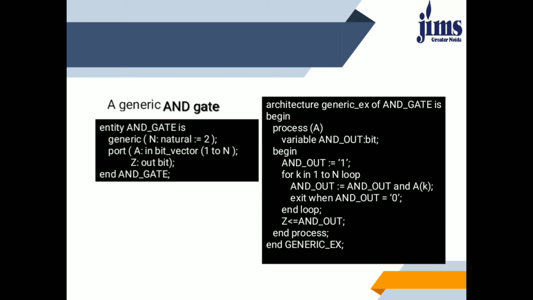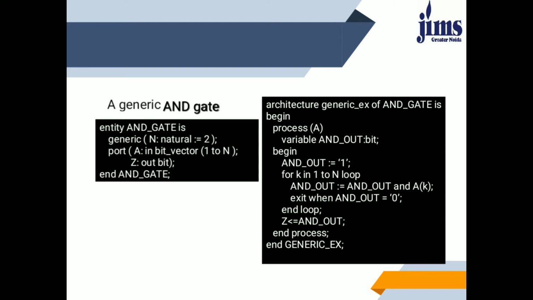Now in the architecture part, we will define simply architecture, some name of architecture of entity name is begin, then process, we are applying the inputs. So we are working on input, that means A. Now we will define the whole working of that AND gate, which can be specified in behavioral mode also.